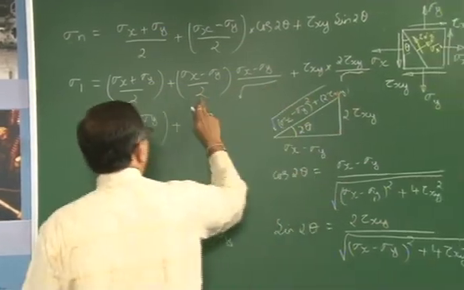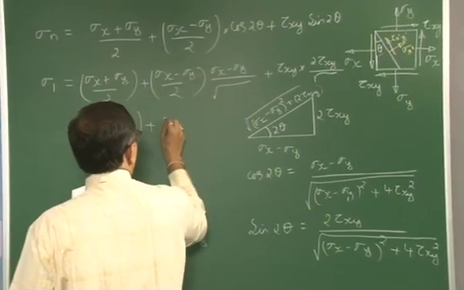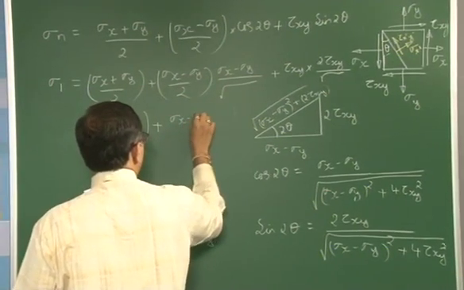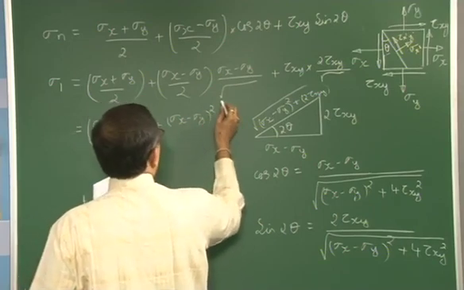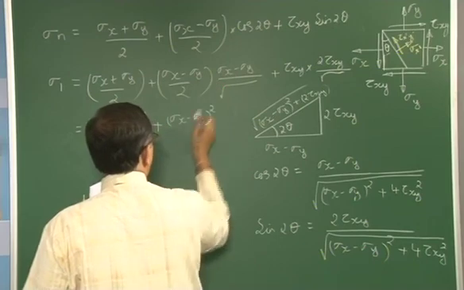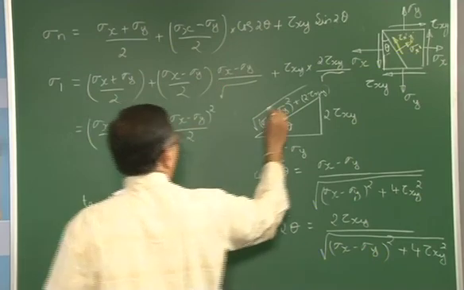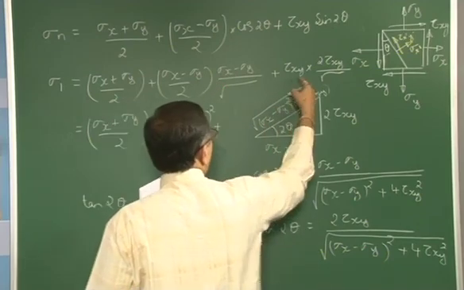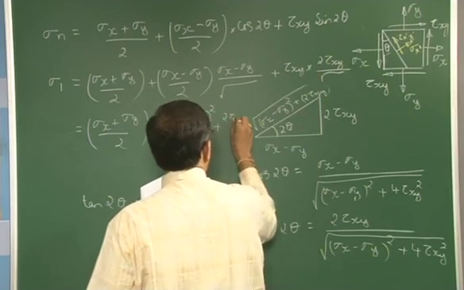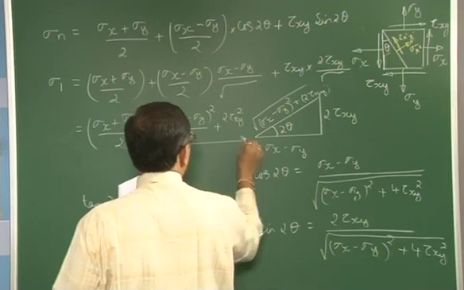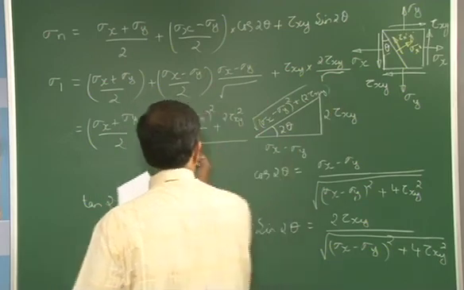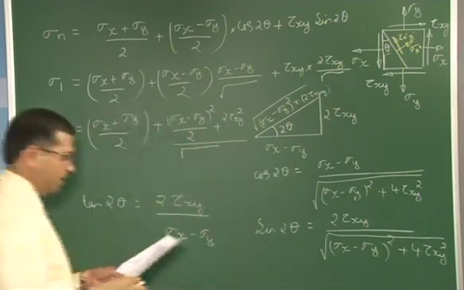If I take that out and multiply, we would get sigma x minus sigma y whole square, which is common in this, divided by 2, and here plus 2 tau xy whole square. This entire thing is going to be divided by whatever we have under the root. This is what we get.